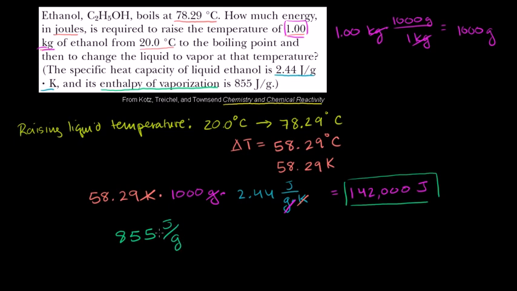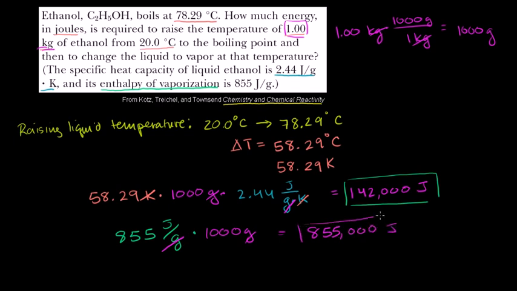And this is how much energy you have to add to vaporize a certain amount, per gram of ethanol. Assuming that it's already at its boiling point, how much extra energy per gram do you have to add to actually make it vaporize? So we have this much, and we know we have 1,000 grams of ethanol. The grams cancel out.